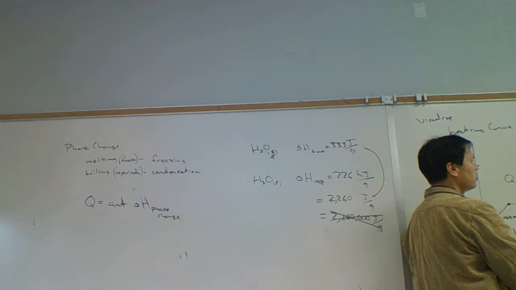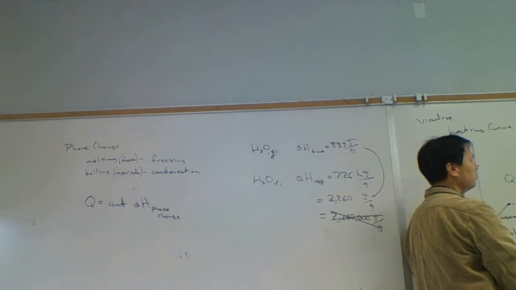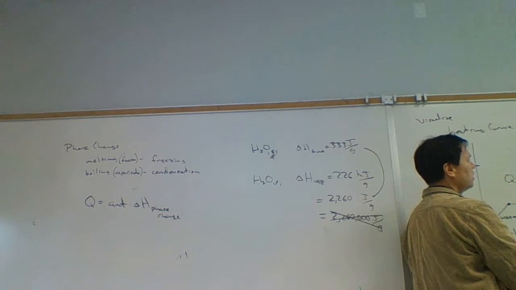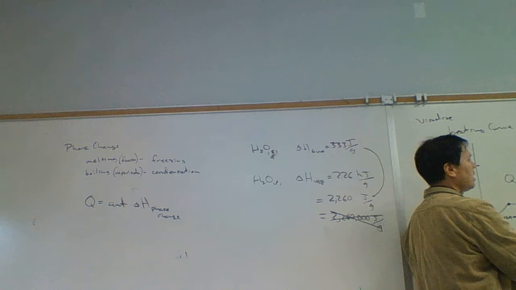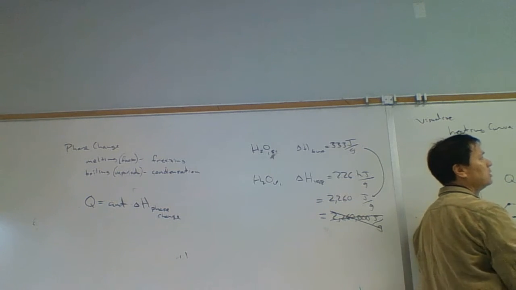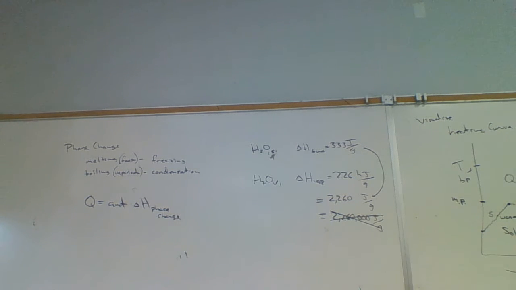We're going across this horizontal arc here, going from liquid to gas, which is vaporization. And so the equation we use is Q is equal to the mass times delta H. The mass is 188 grams times delta H, 1.13 kilojoules per gram. The grams cancel and leaves us with kilojoules.